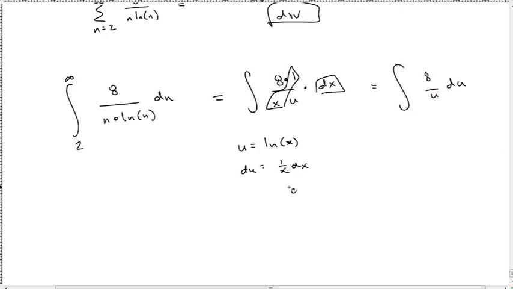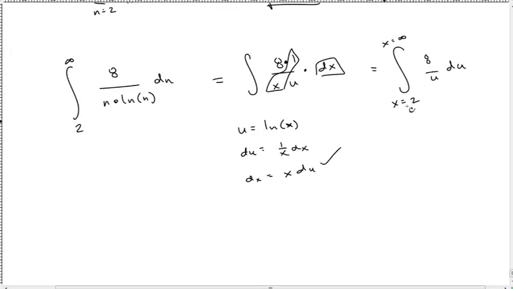In a way, you could also go the extra step, with the x and du canceling. That's fine too. But I just wanted to say, you can look at it and say, well, there you go. Again, this is x equals 2 to x equals infinity. Please remember to do that. When I integrate, I'm going to get 8 ln of u.